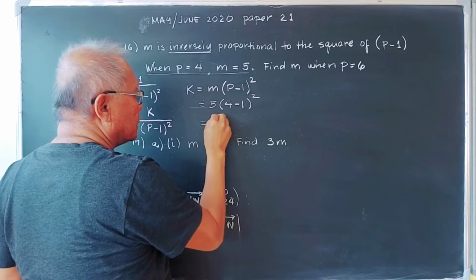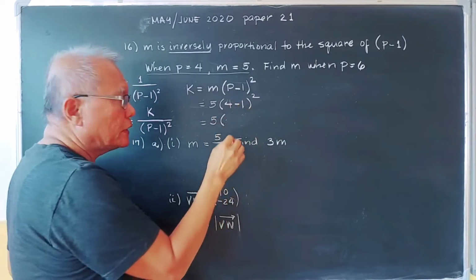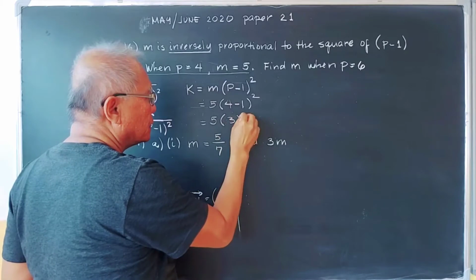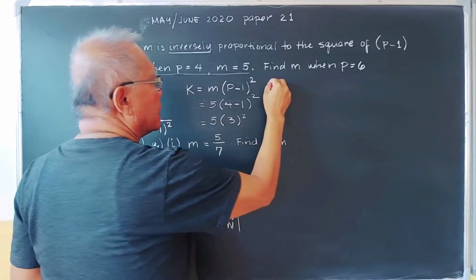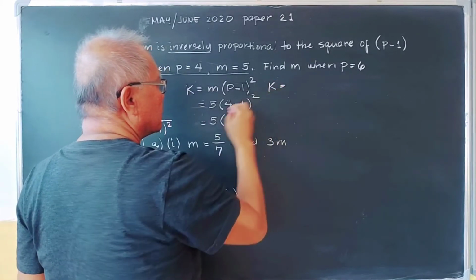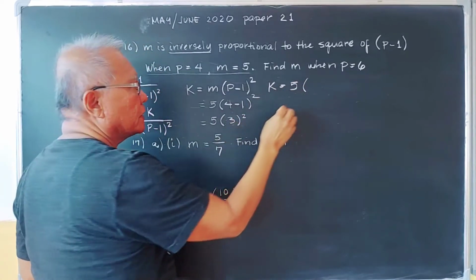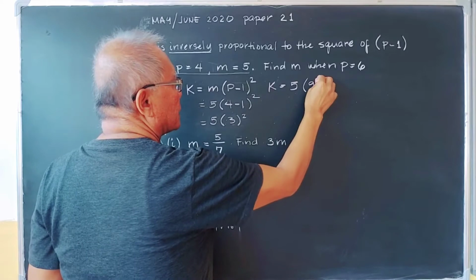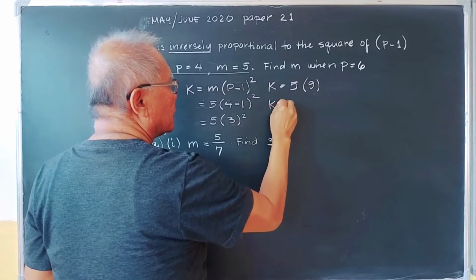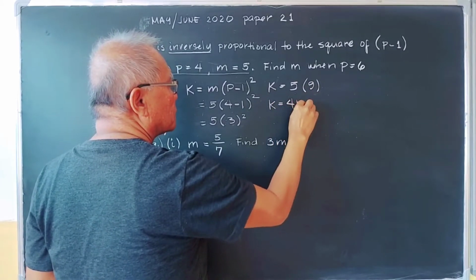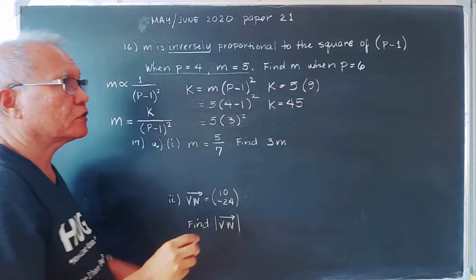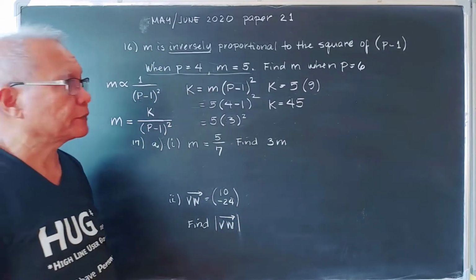So it will be 5 times 4 minus 1, which is 3 squared. Then k is equal to 5 times 9, so our k here is equal to 45. That is our constant of proportionality.